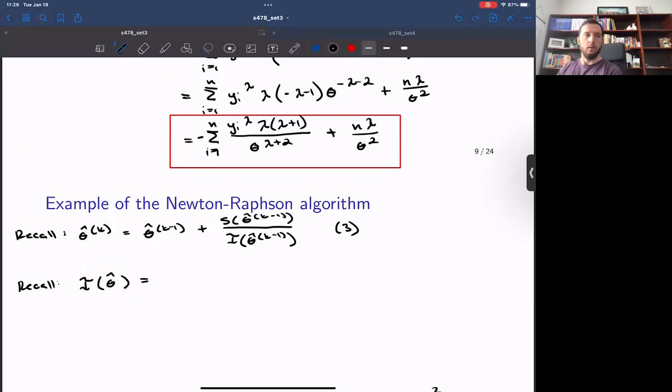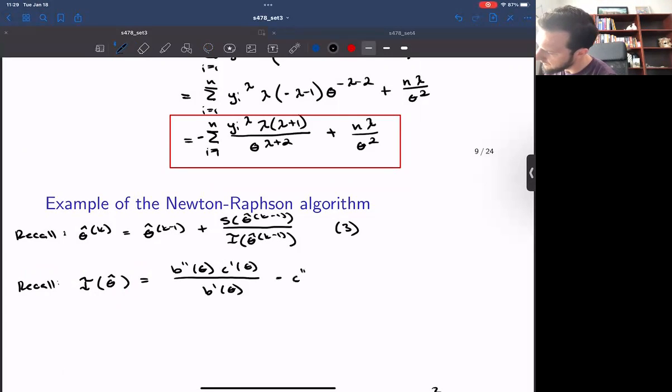Recall the information function for theta is given by b double prime theta hat times c prime theta hat divided by b prime theta hat minus c double prime theta hat.